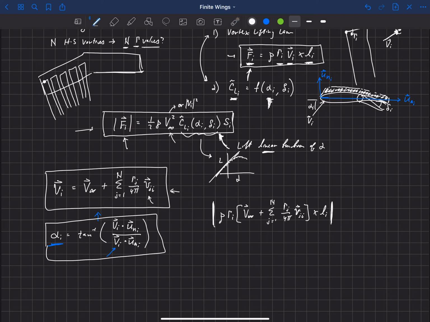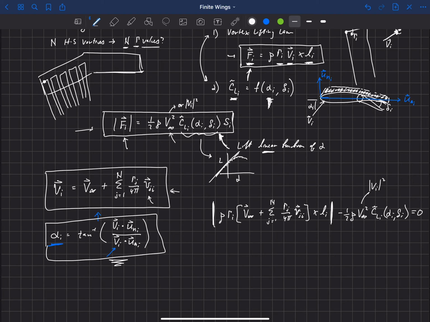So I'm going to say minus 1/2 rho. Again, I'm going to use v infinity squared, but really that could be the magnitude of v sub I squared, times the local lift coefficient, CLI, as a function of alpha I and delta I, where alpha I again is given by this equation over here, and that equals 0.